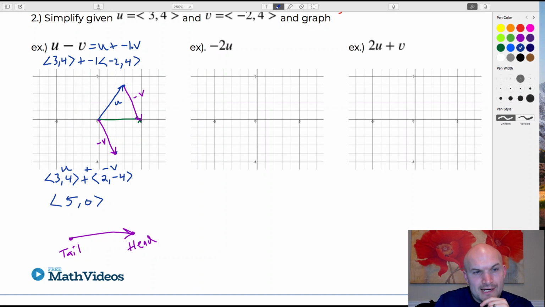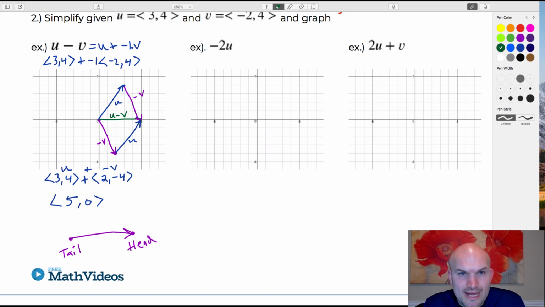Now, we don't need to do this for both vectors to get the parallelogram, so I'm only going to do this once from now on. But you can see here, that's how we can identify our resultant vector, u minus v. So u minus v is our answer, and adding vectors, which is just taking the tail of one vector and putting it to the head of the other vector, also takes us to our resultant vector. So I'm showing the addition graphically as well as algebraically.